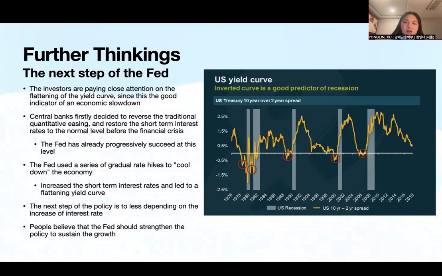The cause of this is that they increased the short-term interest rate, which led to a flattening yield curve. We can see this from the graph on the right side.